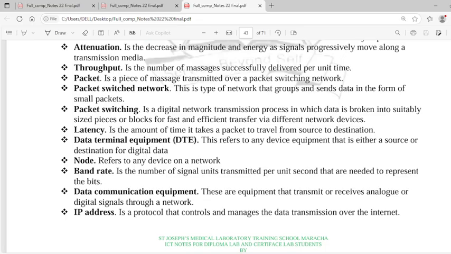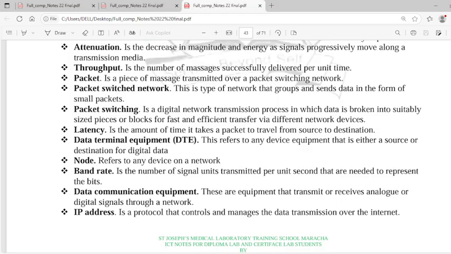One major reason for breaking data into smaller pieces is to increase the data transfer speed.